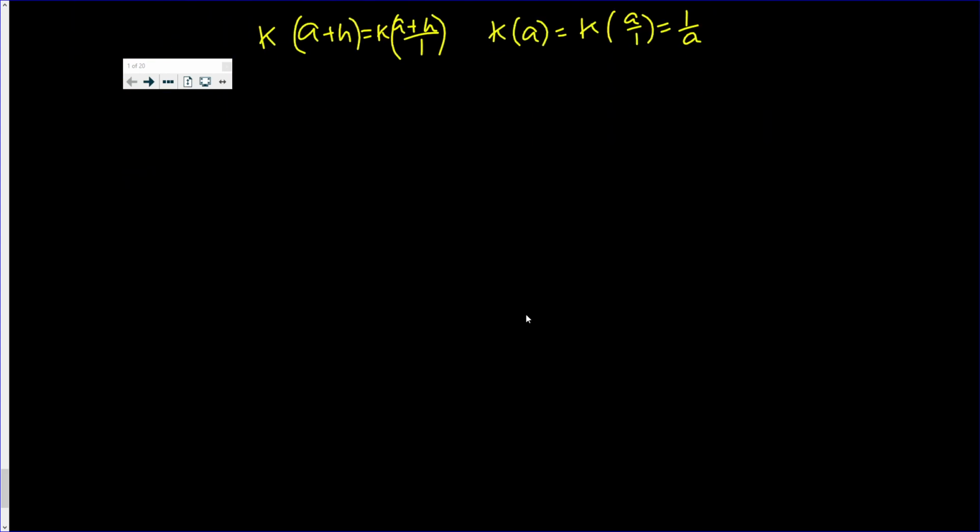The next one, we are given that f of x is equal to 2x squared minus 5, and we want to find f of x plus h minus f of x over h.